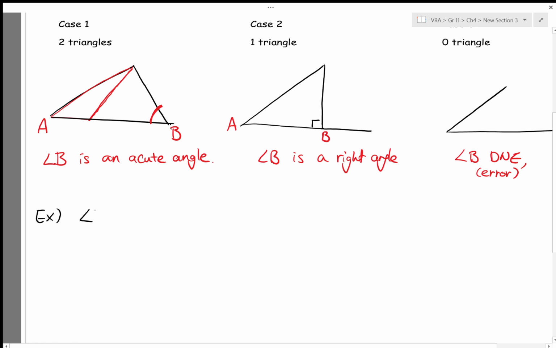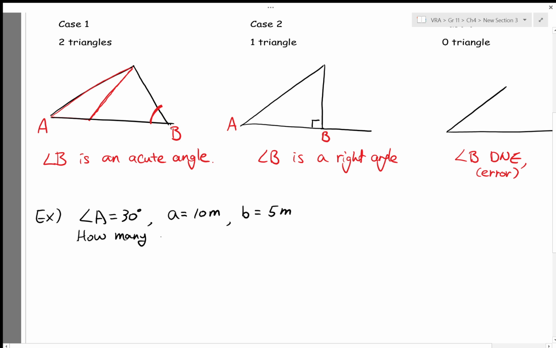Angle A is 30 degrees, side A, the opposite side of angle A, is 10 meters, and side B is 5 meters. Then it asks how many triangles it forms, and what kind of triangles they are.